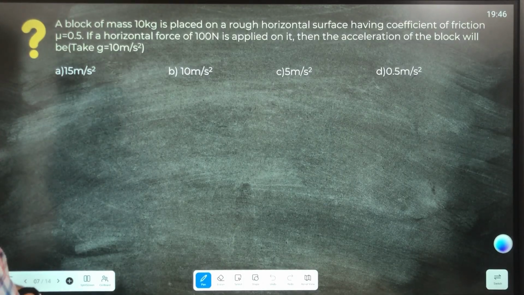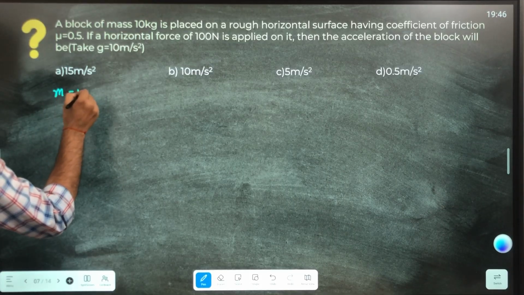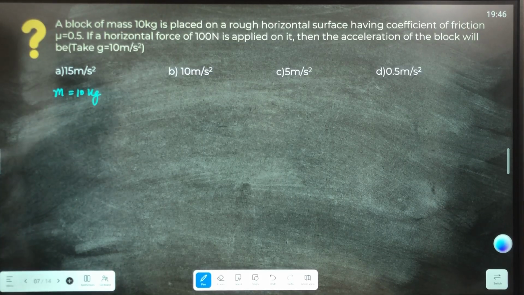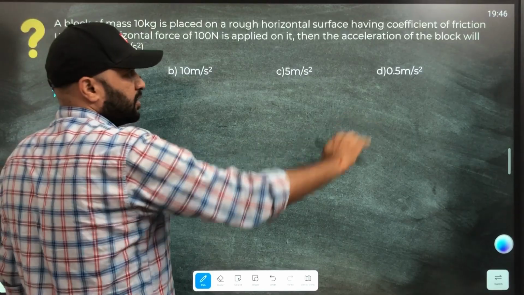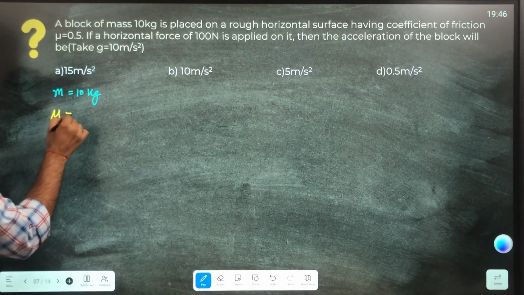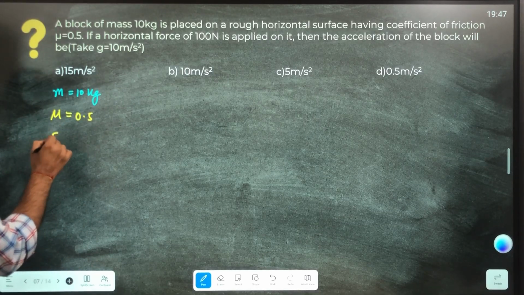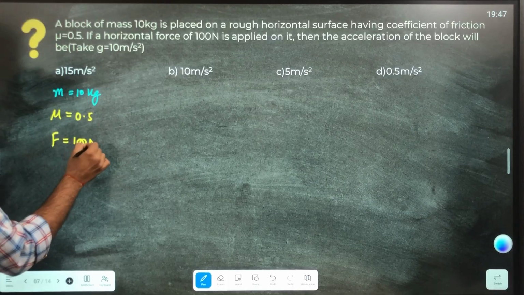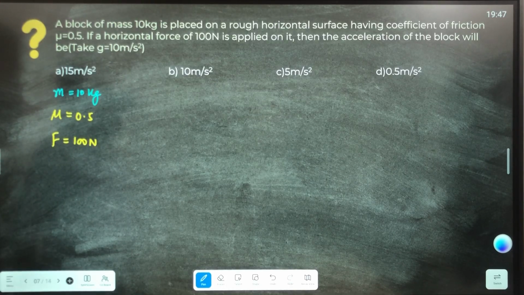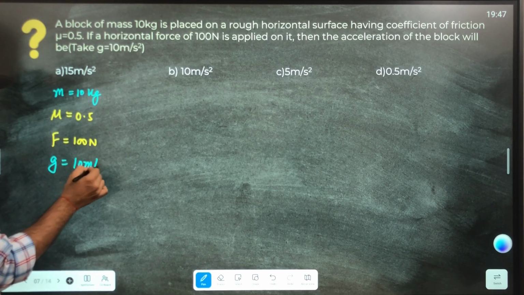Great. Our next problem says a block of mass 10 kg, so mass here is 10 kg, fine, is placed on a rough and horizontal surface, having coefficient of friction 0.5. If a horizontal force of 100 Newton, so force here is 100 Newton, is applied on it, then the acceleration of the block will be how much? g you are given with 10 meter per second square.